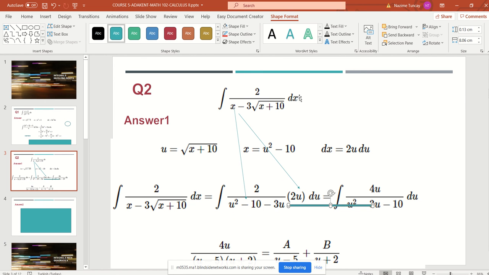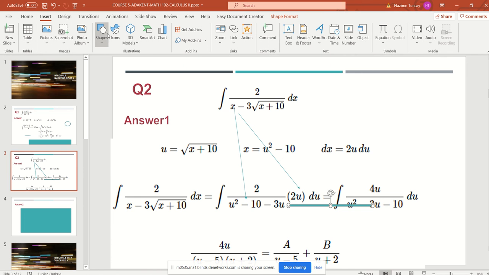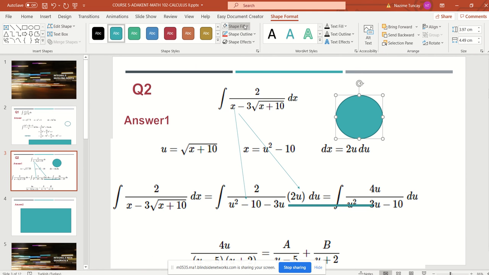And here we have x minus 3, this is u, because I let it equal u.